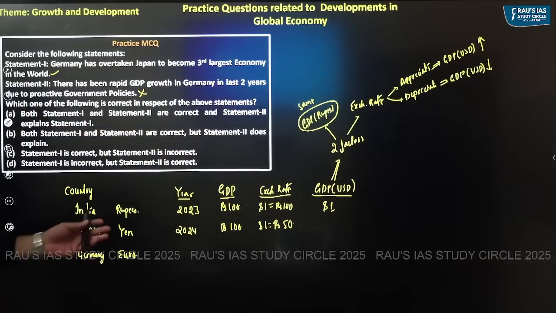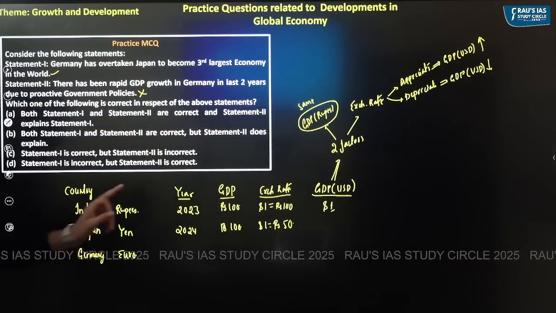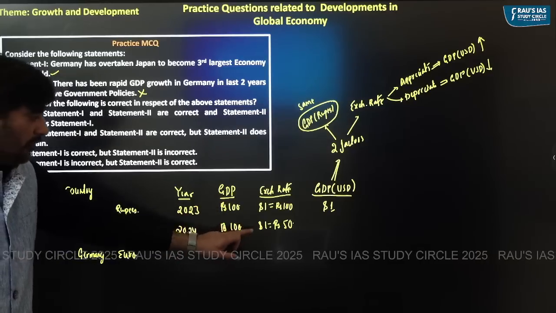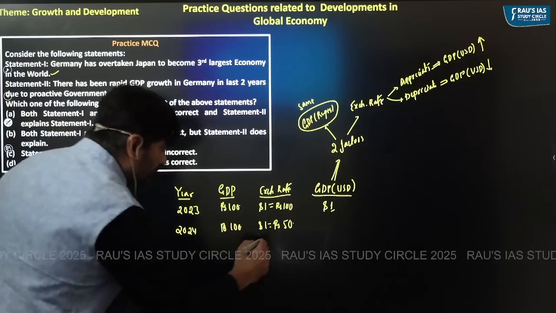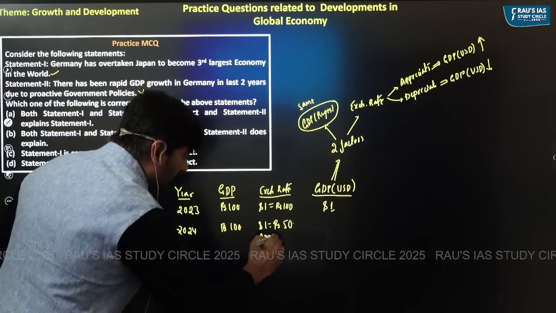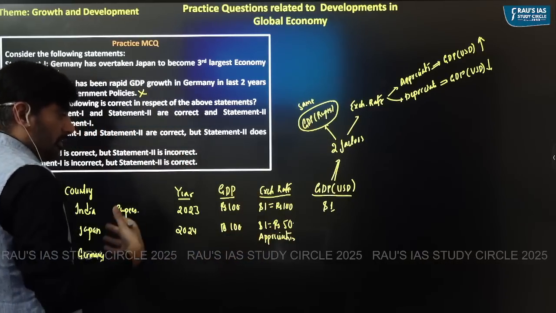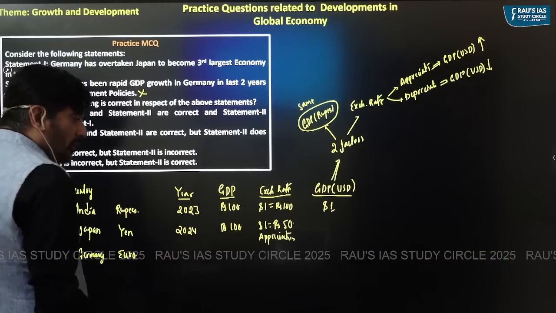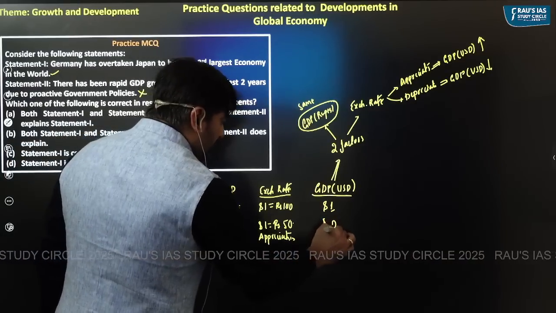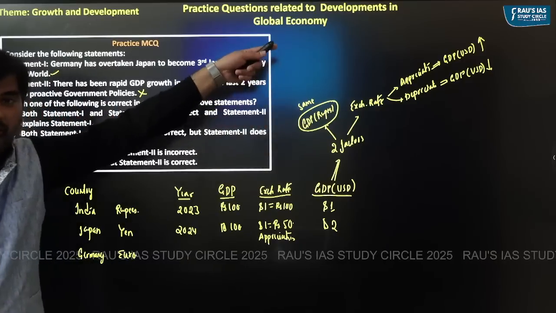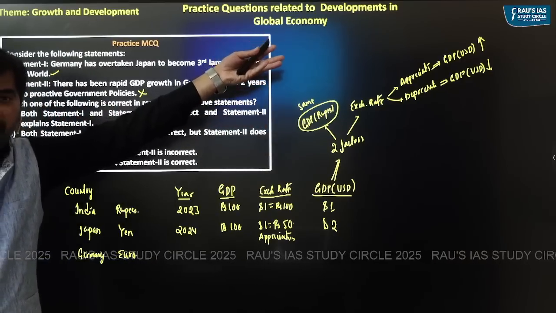Now, in this particular situation, what has happened to the value of rupee? The value of rupee in this particular case has undergone appreciation. And if it has undergone appreciation, now what is India's GDP in terms of dollar? India's GDP in terms of dollar is 2. What has happened? It has increased, right?